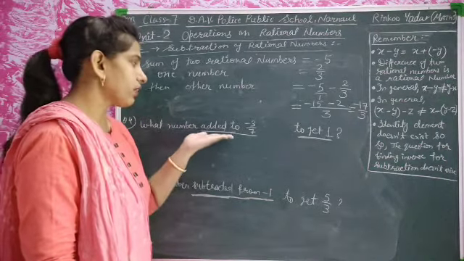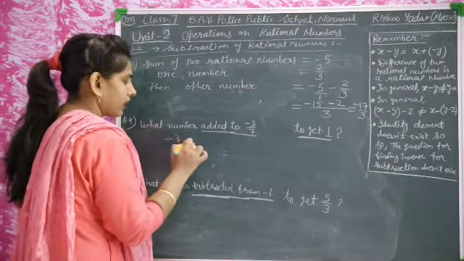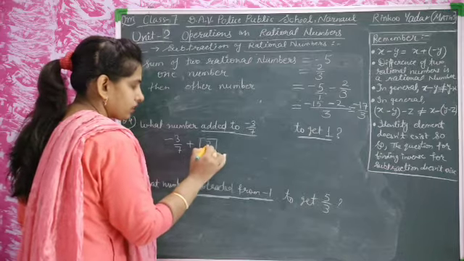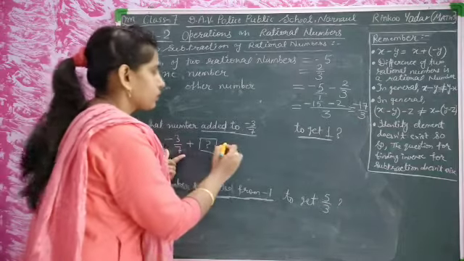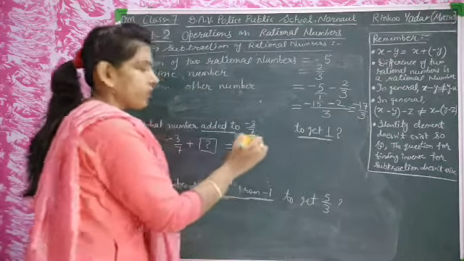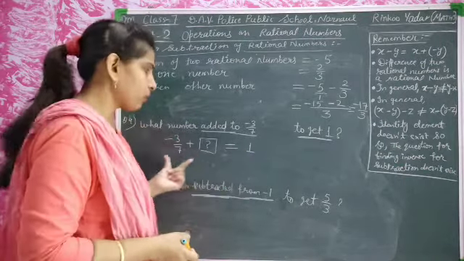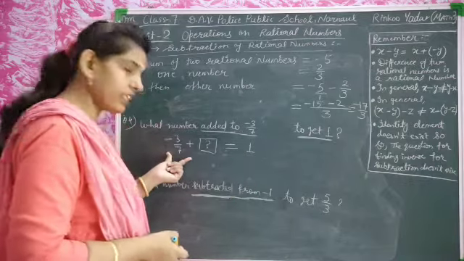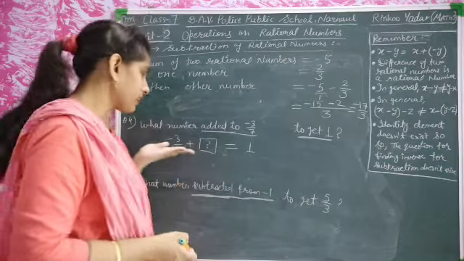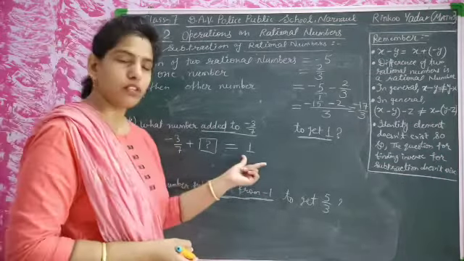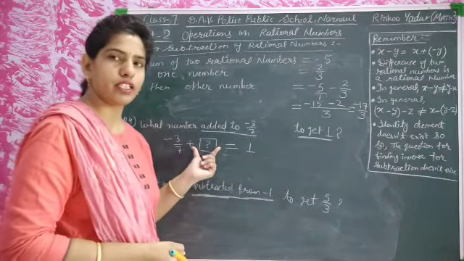Same question: we have the sum of two rational numbers and one rational number is given. You have to find the other rational number. So same process, we are subtracting minus 3 by 7 from 1.